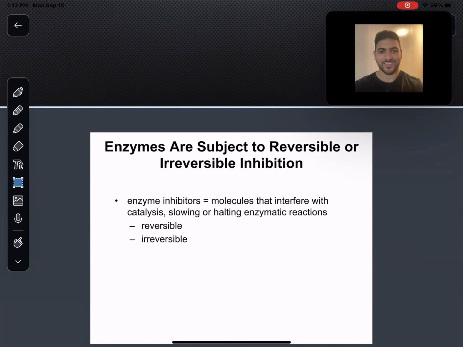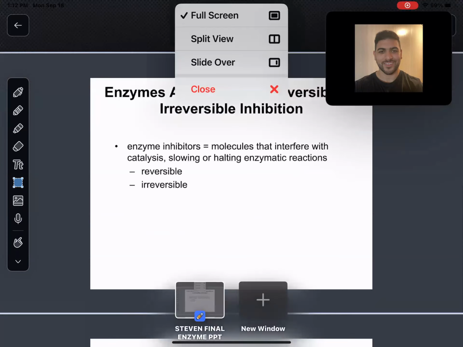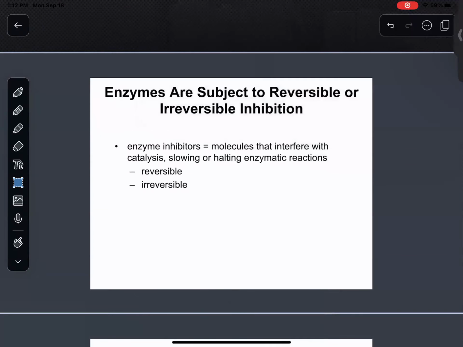Yeah, let's jump on in. So remember when we talked about affinity? What did we say was a good indication of affinity before we get into the enzyme portion? We said that affinity can be determined by looking at the Km.